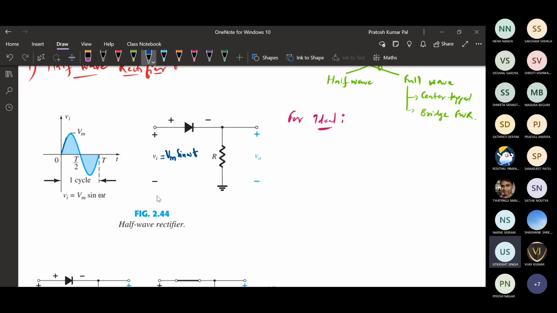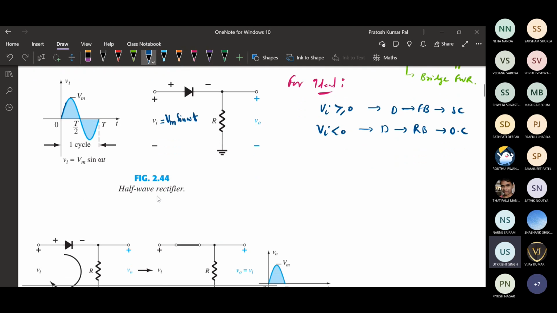So for an ideal diode, V input greater than or equal to 0 means the diode will be forward bias, behaving like a short circuit. If the input voltage at the input terminal of the diode is less than 0, then the diode is reverse bias, and it will be behaving like an open circuit. Okay, so this is the analysis.